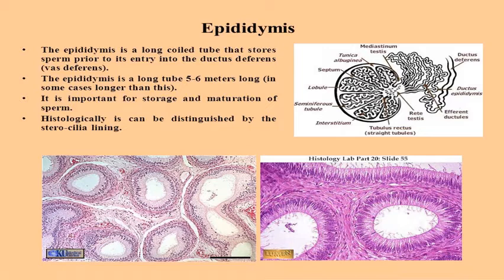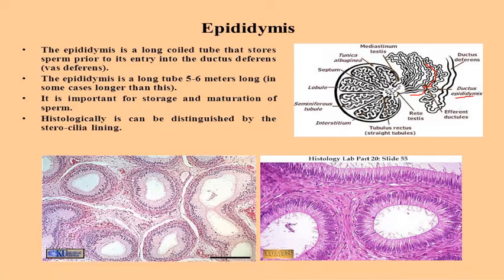Moving towards another part of the male reproductive system, that is the epididymis. Let me tell you, this epididymis is a long coiled tube-like structure. You can see here, this is the epididymis, ductus epididymis, this spiral tube-like, more coiled structure.